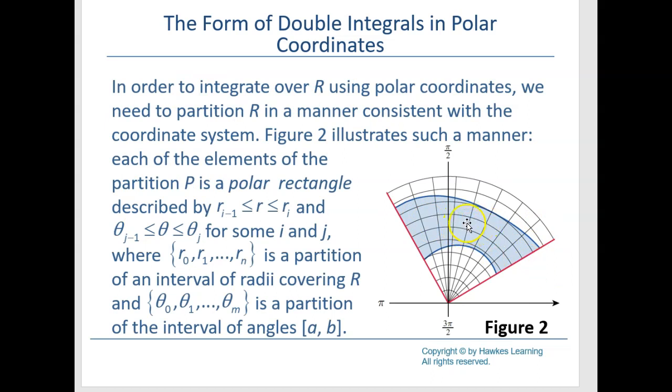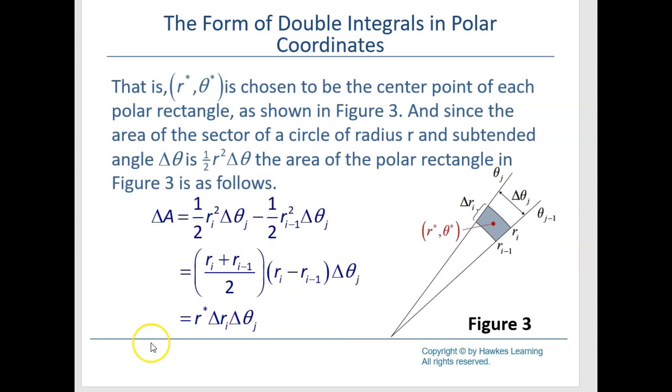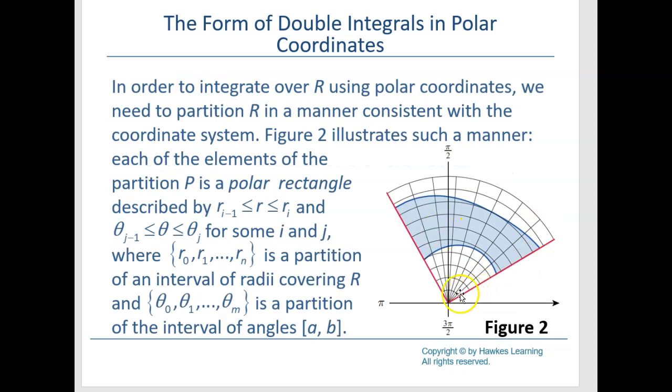From one to the next, that's one value of r, that's another value of r. That uniform change is the delta r that it's talking about right here. And then delta theta is the change from one of these angles to the next.